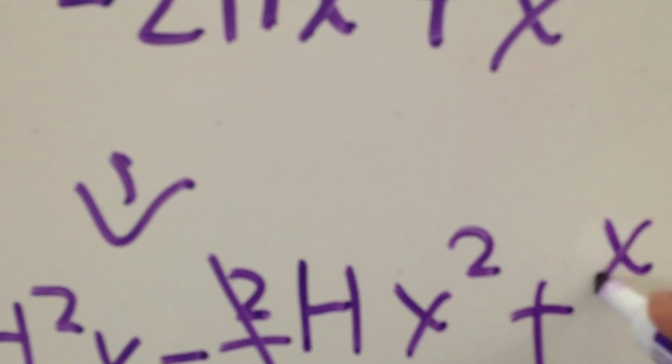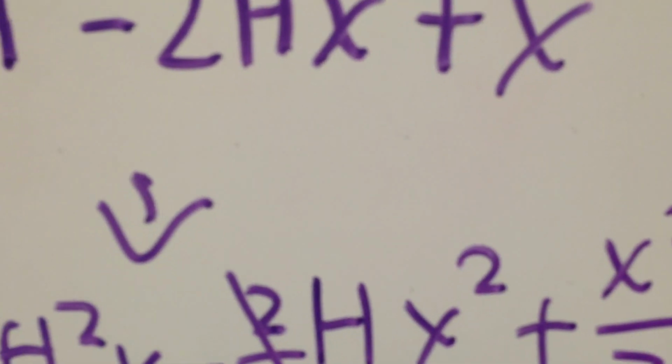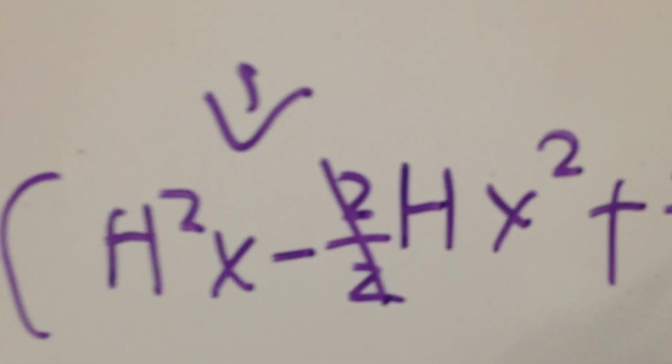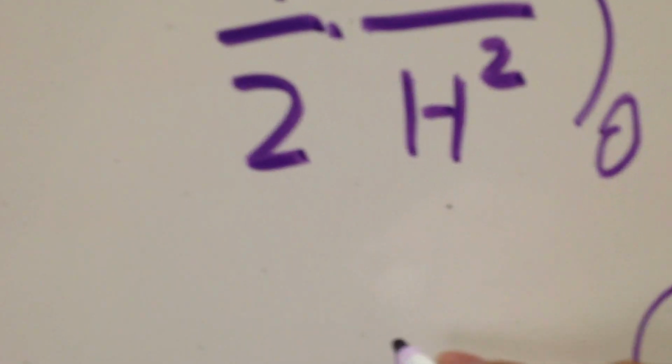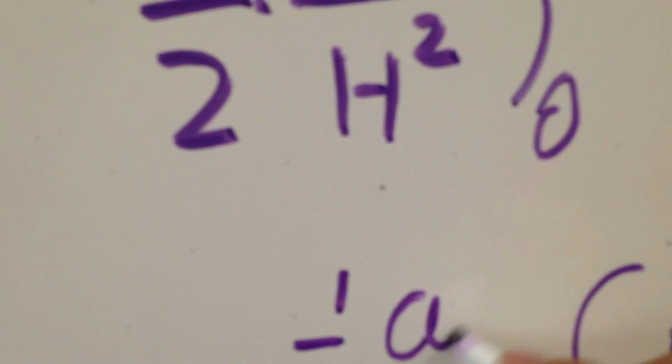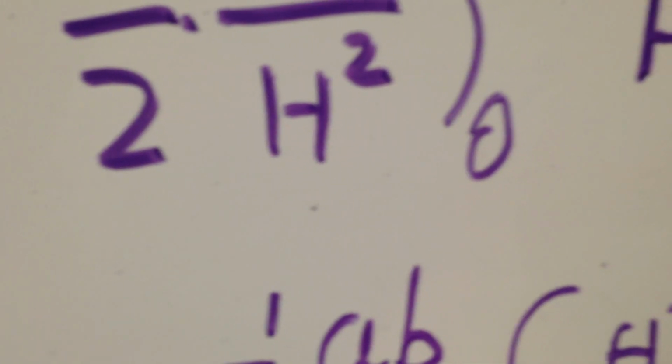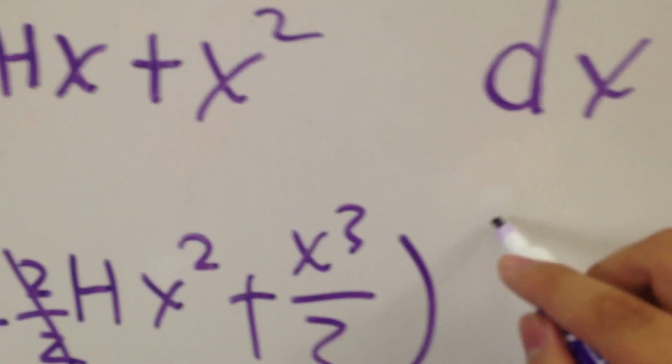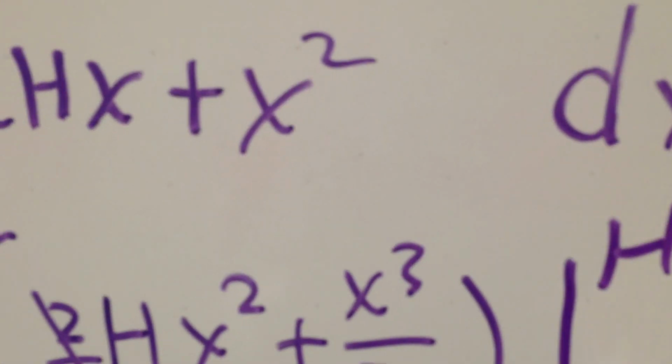Plus x cubed over 3. The entire formula we times by 1/2 a b over h squared, because it's a constant, we move it down just like that, from 0 to h.